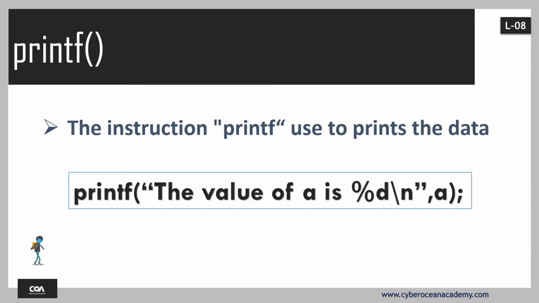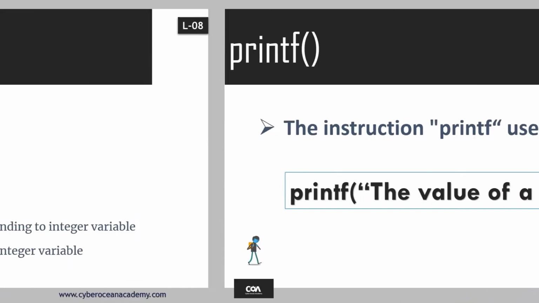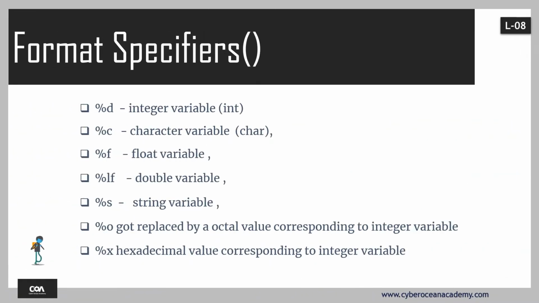We just write the function printf, and whatever you write inside the double quotes, it will print as it is on the output screen. And if you want to print some data value, you have to use a format specifier like here %d, a.